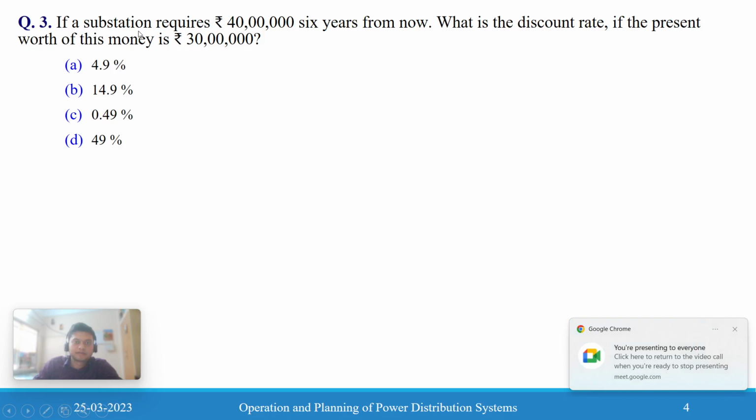So the third problem is that if a substation requires 40 lakh 6 years from now, what is the discount rate if the present worth of this money is 30 lakh? So what are the data we have been given?